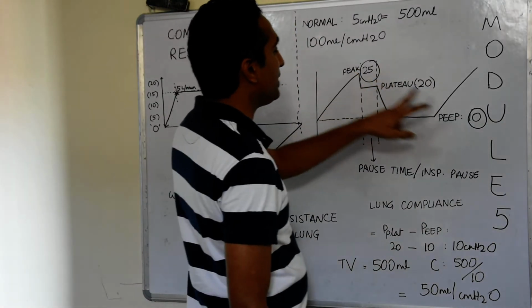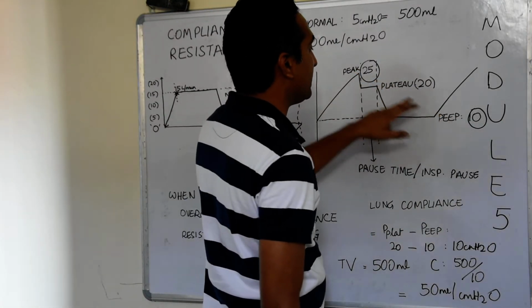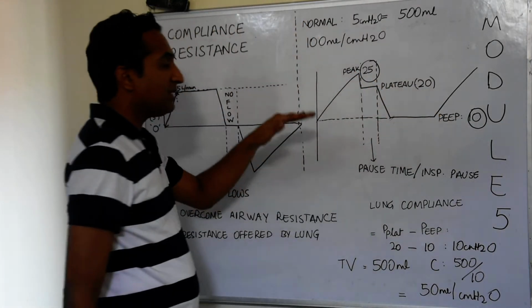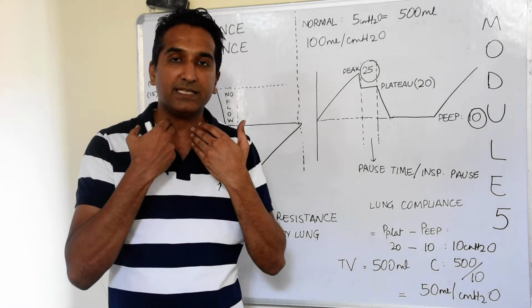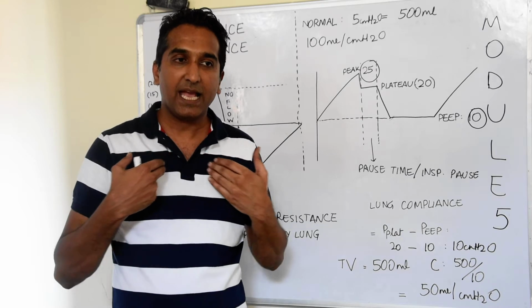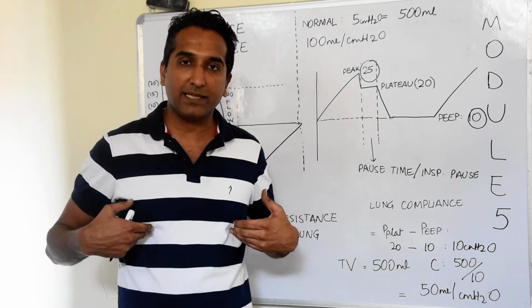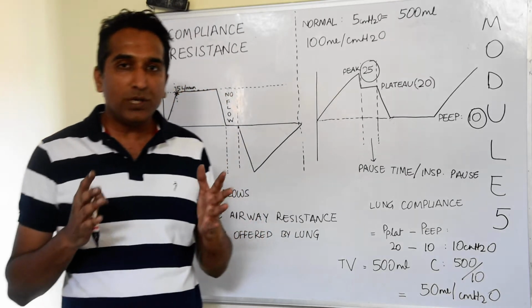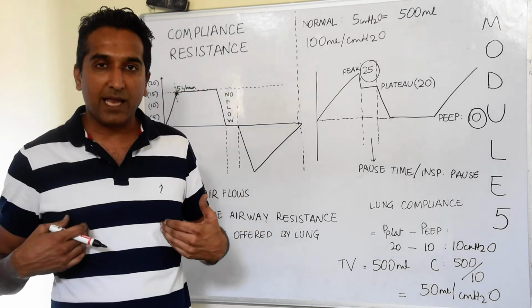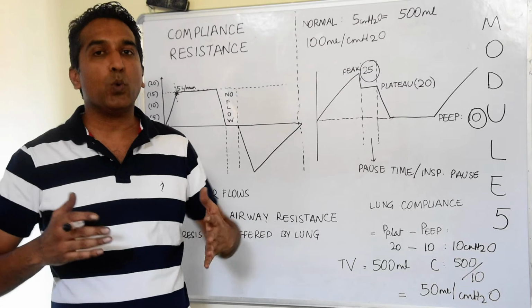So the difference between the two is around 15 centimeters of water. Now, this is the pressure required to overcome both the resistance offered by the airways as well as the resistance offered by the lungs.